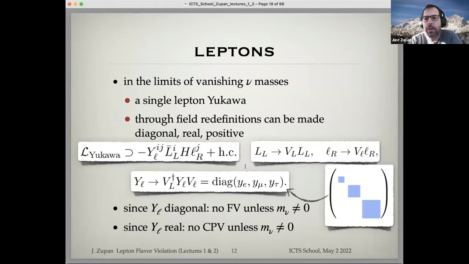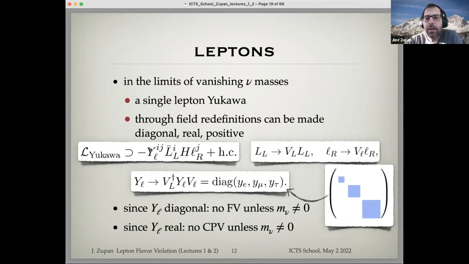All right, so what happens in this limit? So there's only one Yukawa in the standard model. That's the one, no? So you have a left-handed doublet for the leptons, and then there's the right-handed leptons. So that's all there is at dimension 4.